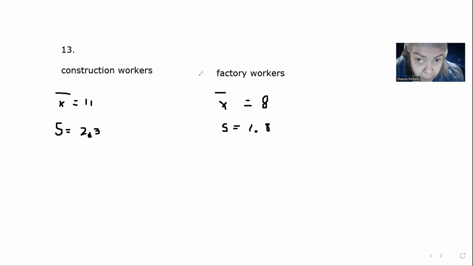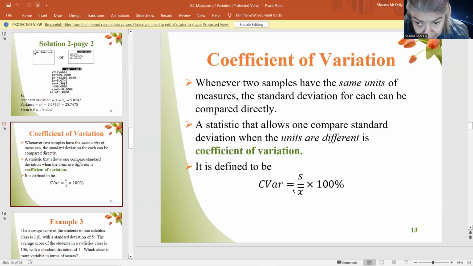For each one, we're going to calculate 2 percentages here, and we're going to see which one of these is more variable. So we have our data. We're going to take our standard deviation and divide by our mean. Multiply that by 100.